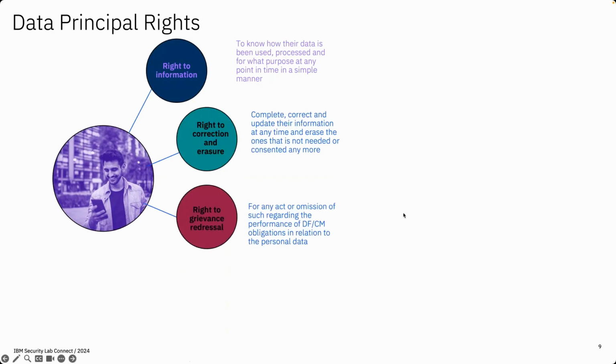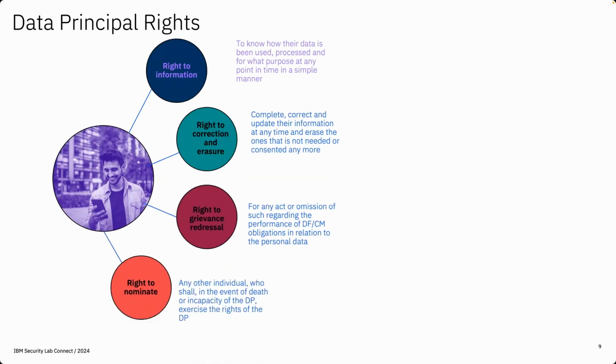Right to grievance redressal: you can raise your complaints and they need to be addressed. And then the right to nominate: in case of unforeseen circumstances, how do you do a nomination around it? So these are the data principal rights which came into the picture.